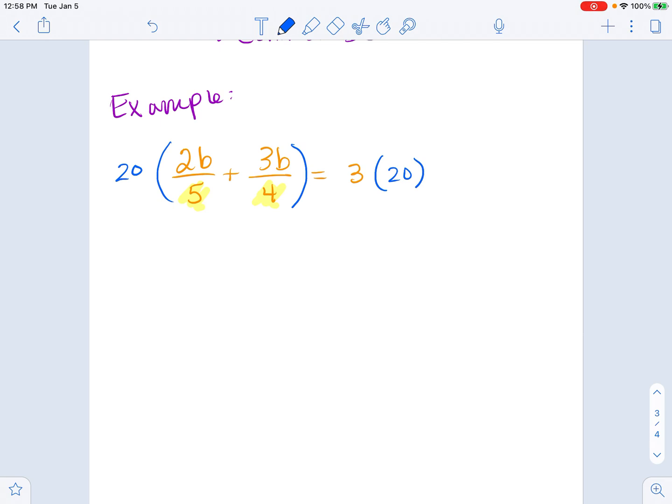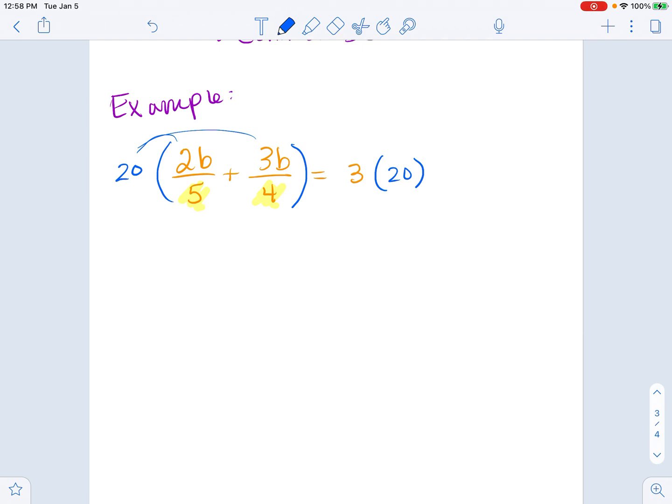I multiplied both sides of the equation by 20. As long as I multiply the same thing on both sides, my equation stays in balance. On the left side, I have a little distribution to do, because I need to multiply two terms by 20. On the right side, all I have to do is multiply 3 times 20.